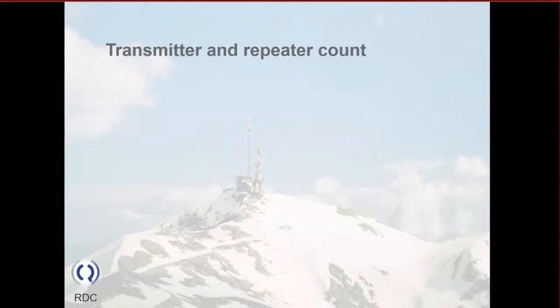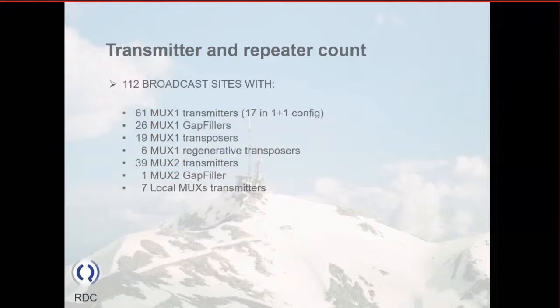So I will start with the transmitter and repeater count. We have 112 broadcast sites with 61 transmitters in 1+1 configuration with 17 of them, 26 gap fillers, 19 transponders, 6 regenerative transponders, and 39 transmitters, and 6 transmitters, all for MUX1.